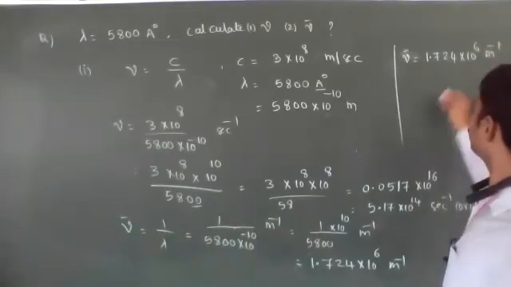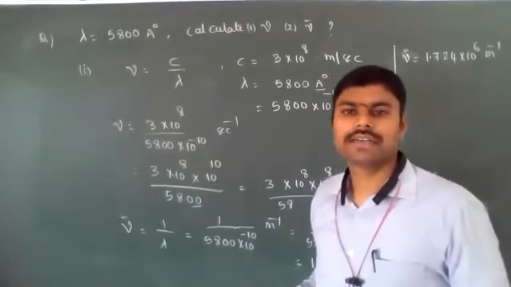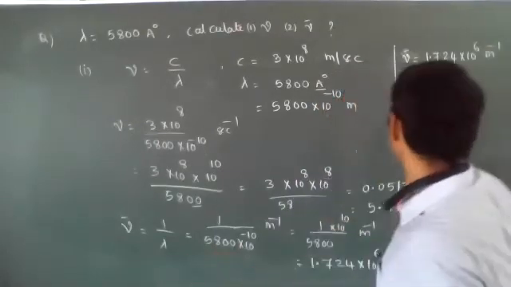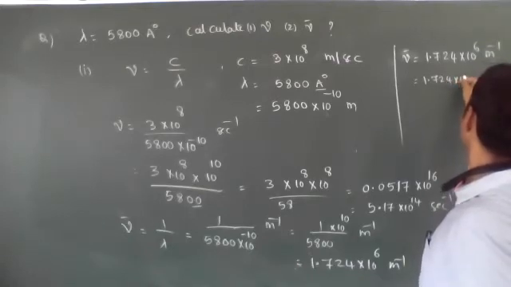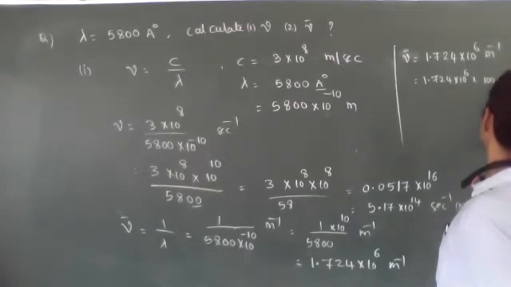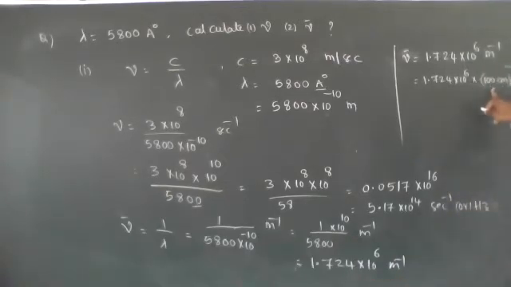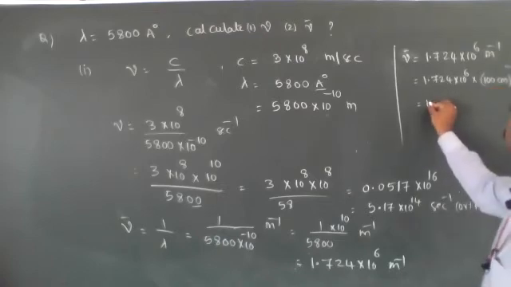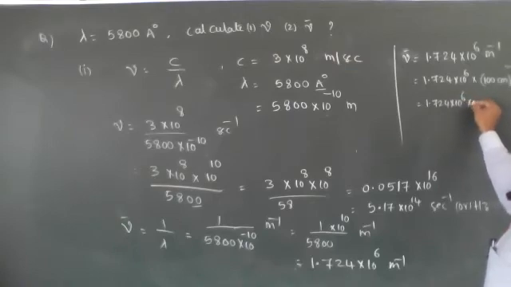So it is 1.724 into 10 to the power of 6 into 100 centimeter whole inverse, that is 1.724 into 10 to the power of 6 into 10 to the power of minus 2 centimeter inverse.